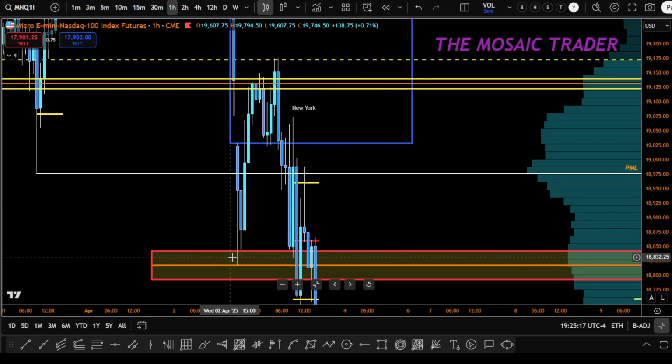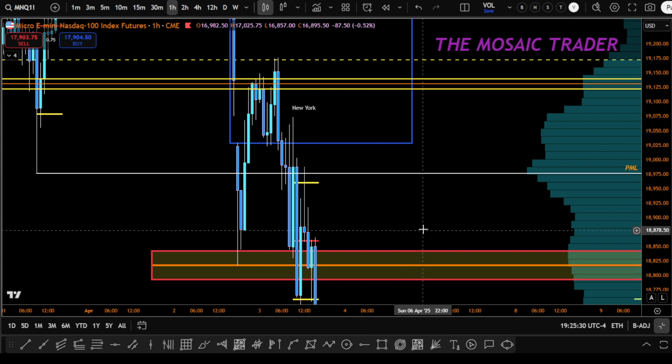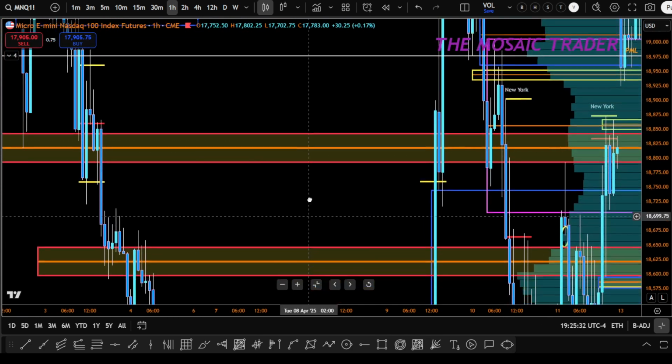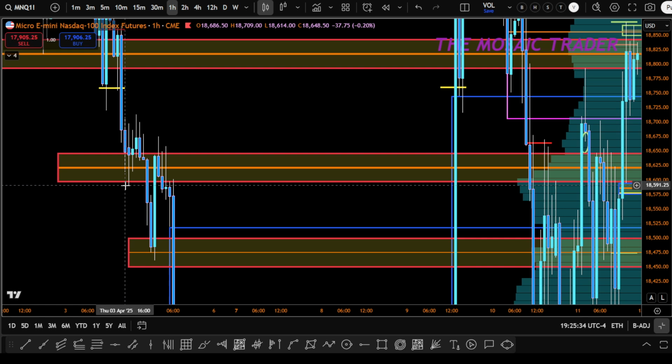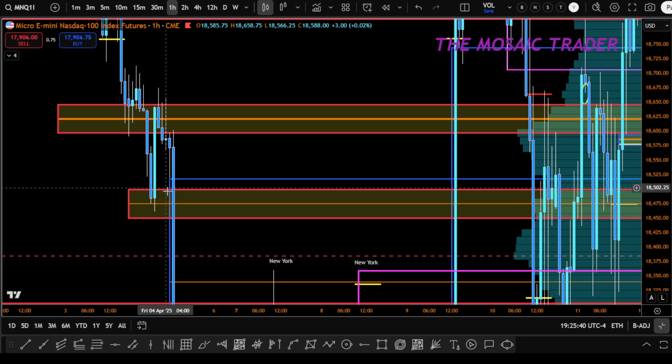Look at this huge bounce. 818 to 171, or even a little bit higher, 175. Same here. Provided a nice bounce here and went back down here into this one, right?